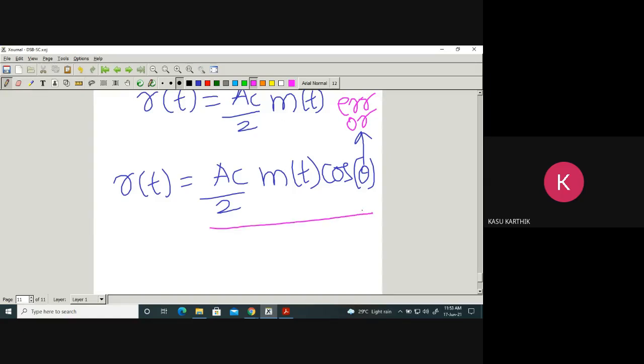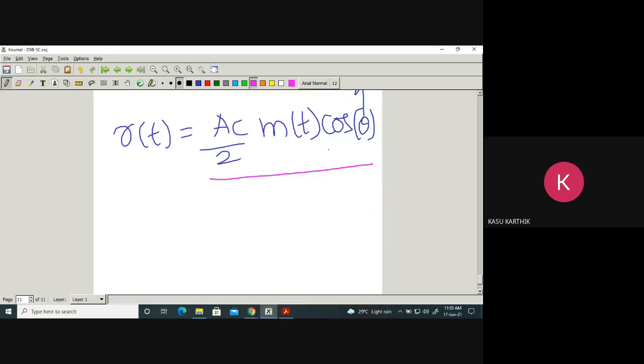So the extra term is cos theta, which is always between -1 and +1. This means cos theta is acting as an attenuator, because cos theta is not more than 1. If cos theta is 1/2, the signal is attenuated.